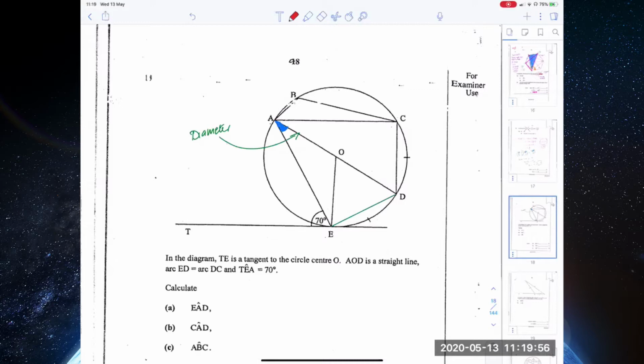I think I know which rule you're trying to use, isn't it? There's a rule you're trying to use, but that's not the correct one. Let's look at what we have, okay? We've got 70 here. And what can you say about this angle?